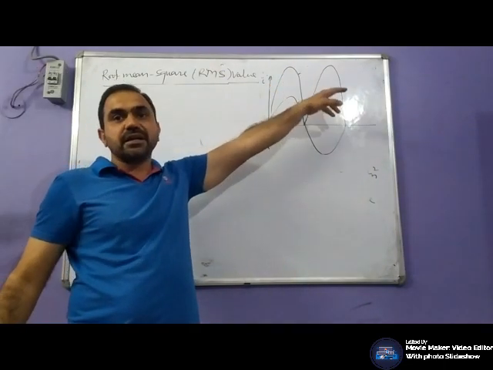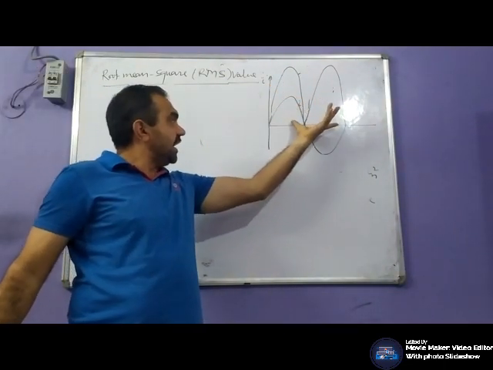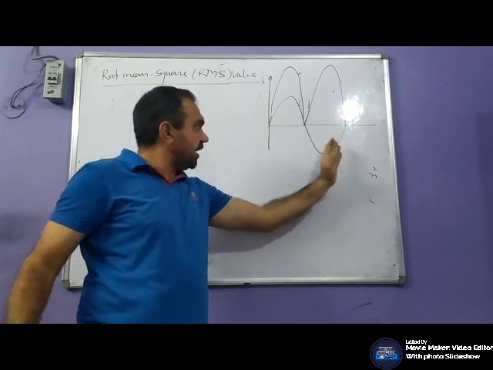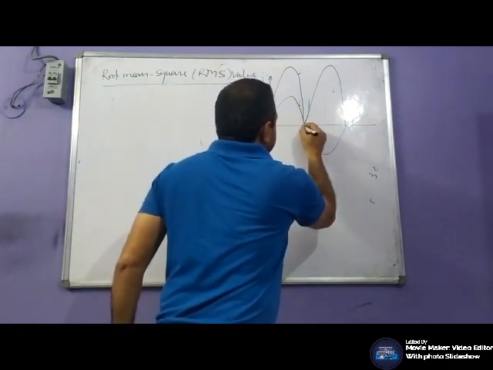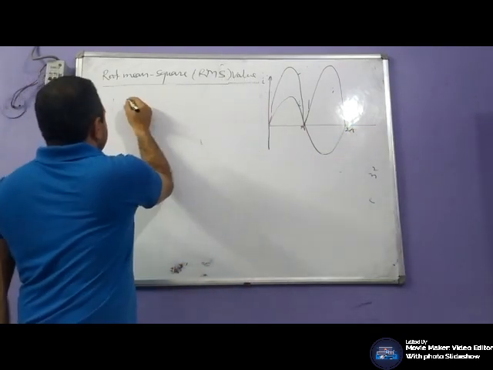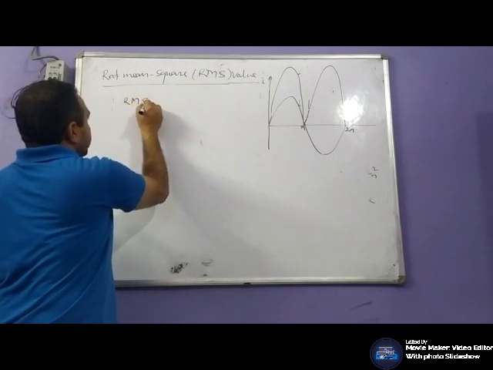The mean of the square under the root means the area under the curve of the squared wave divided by the base length. What is the RMS value for a sine wave?